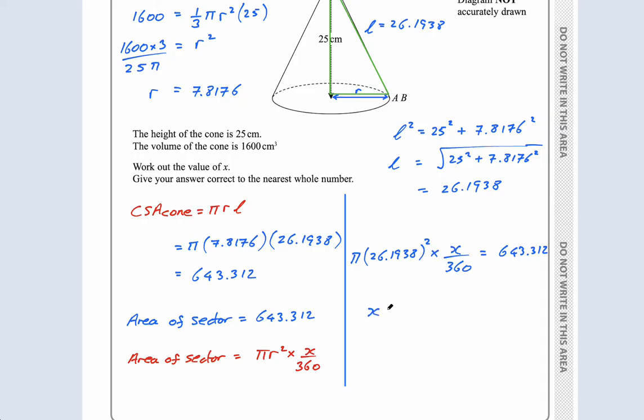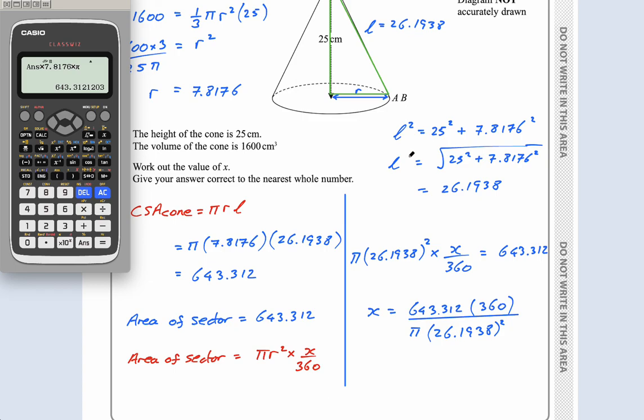I can find x by multiplying by 360. So it's 643.312 multiplied by 360 and divided by pi times 26.1938 squared. Hopefully this gives me the right answer, guys. If not, I have to do the whole question again.